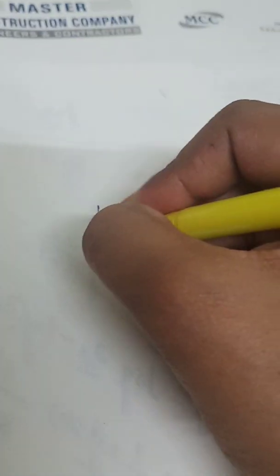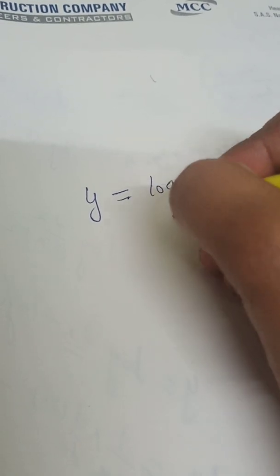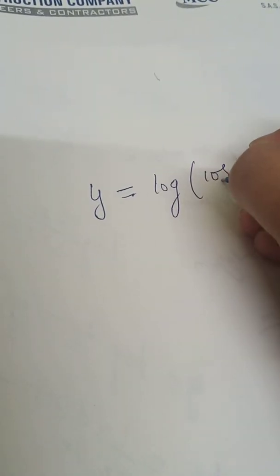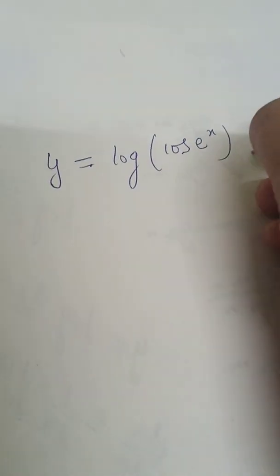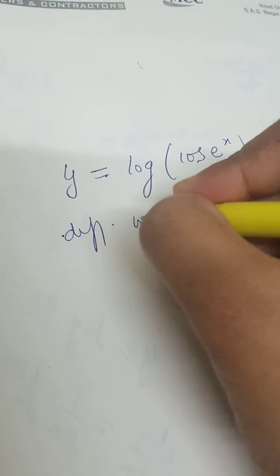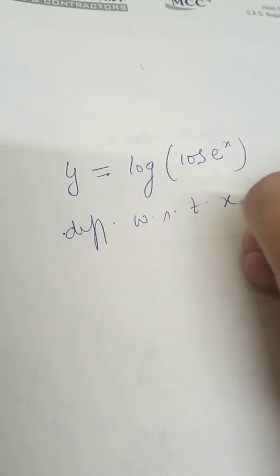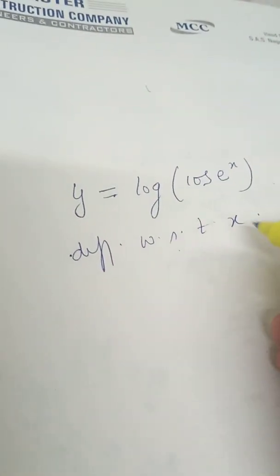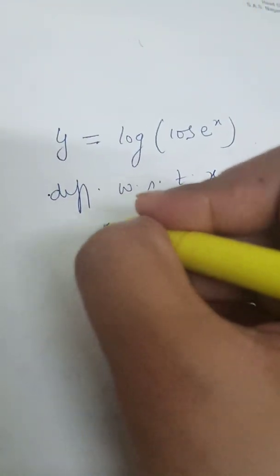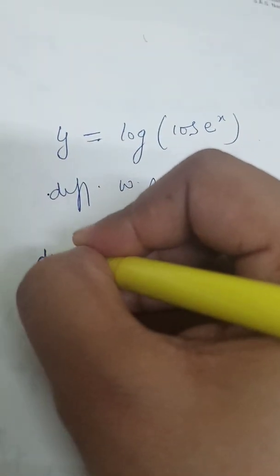From exercise 5.4, we can solve this question: y is given as log cos e to the power x. Then find the derivative of this function. Differentiate with respect to x. dy upon dx.